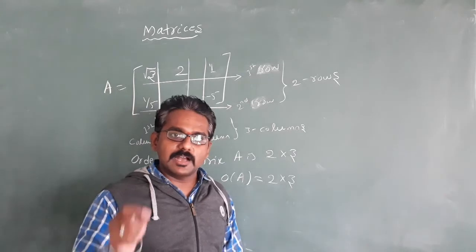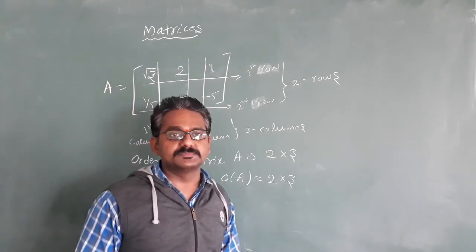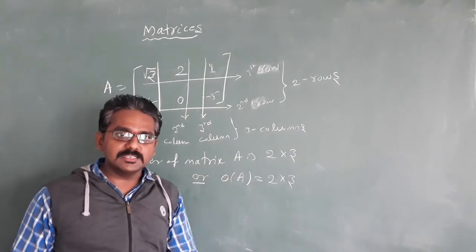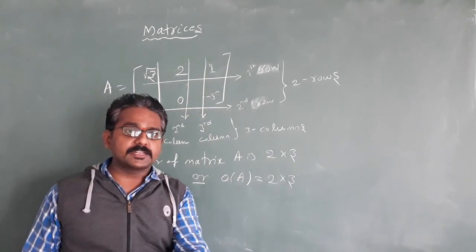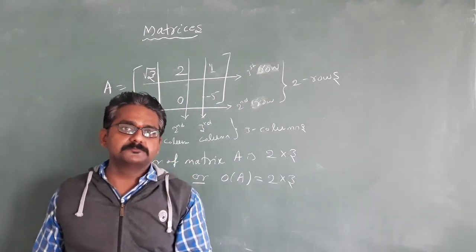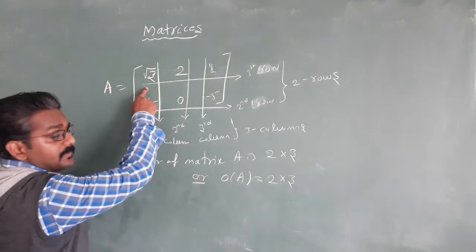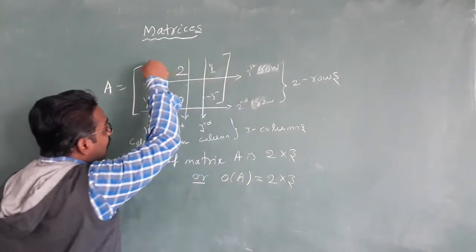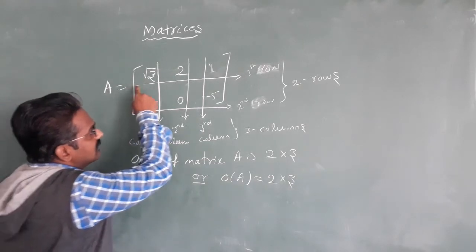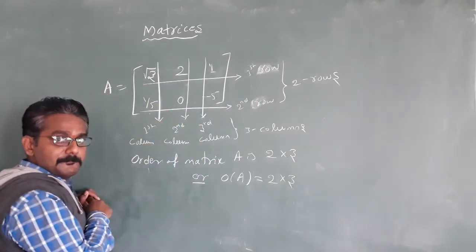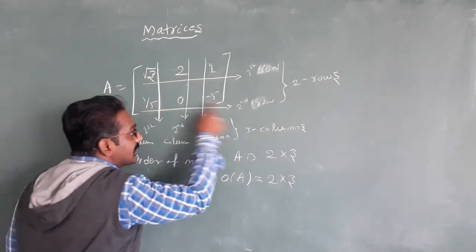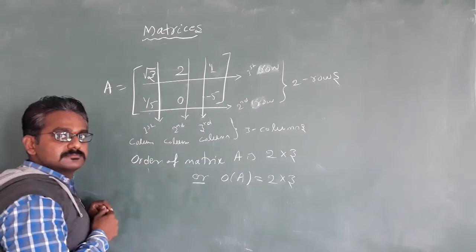That's why we always represent each element of the given matrix with its respective row and respective column. See here, root 3 is present in the first row, first column. Next, 0 is present in the second row, second column.